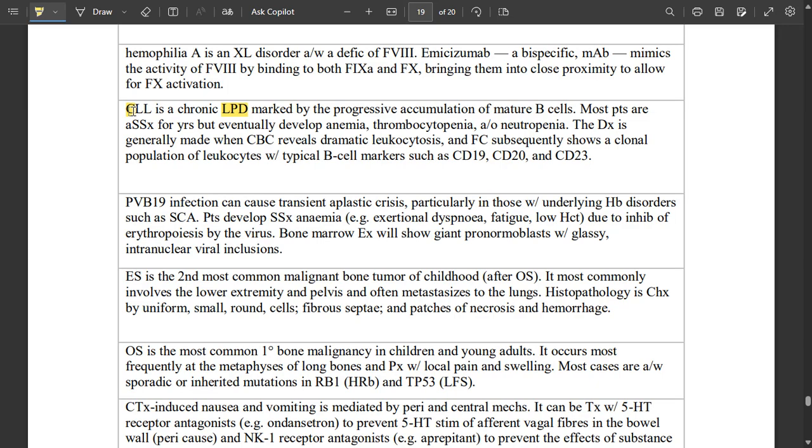Diagnosis is made when the CBC reveals a large number of leukocytes, but there is anemia, thrombocytopenia, and neutropenia. So there is a higher chance of infection.